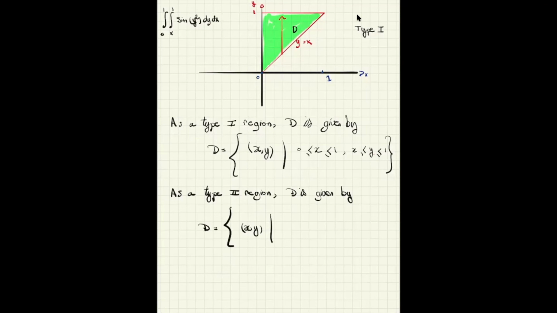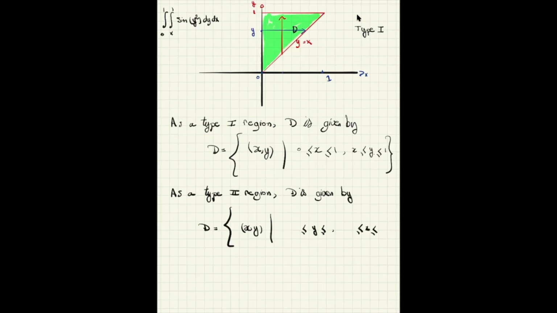Now we'll go for each fixed y. So y is between, and then x is between, and then something.